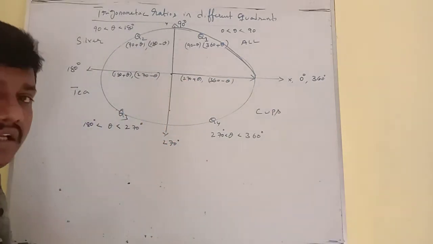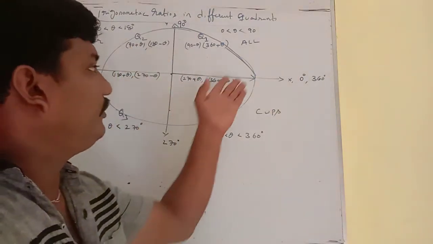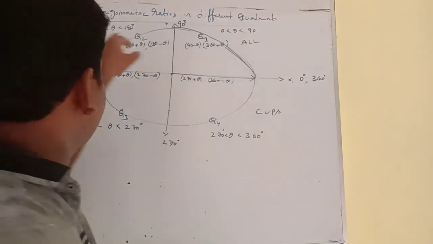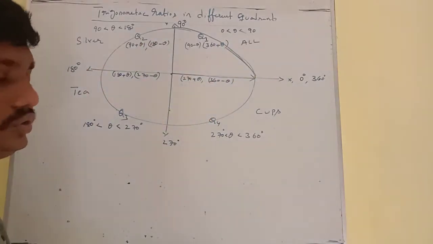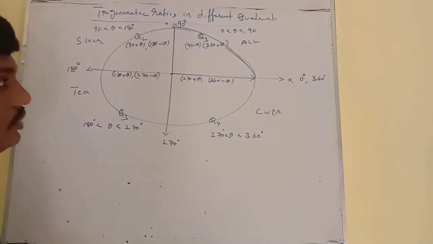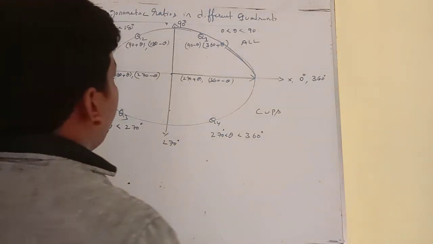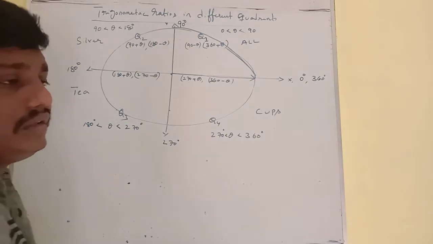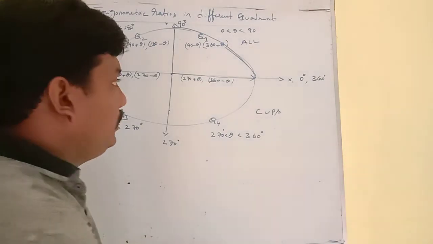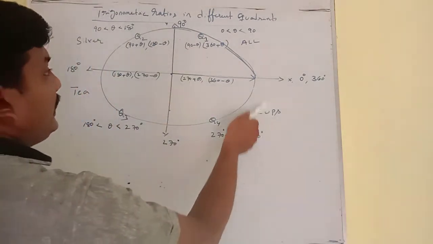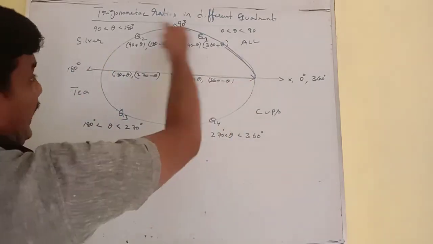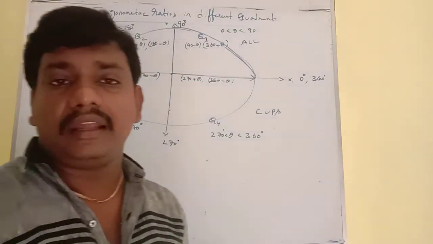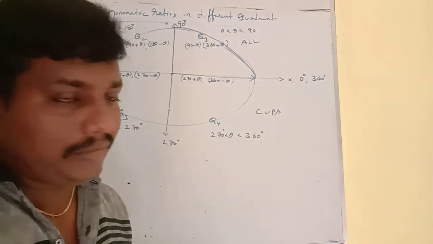All silver tea cups. There are so many phrases like this: all students 10th class, all science teachers council, like that we have CAST. This is called CAST. So like that we can remember the phrase.